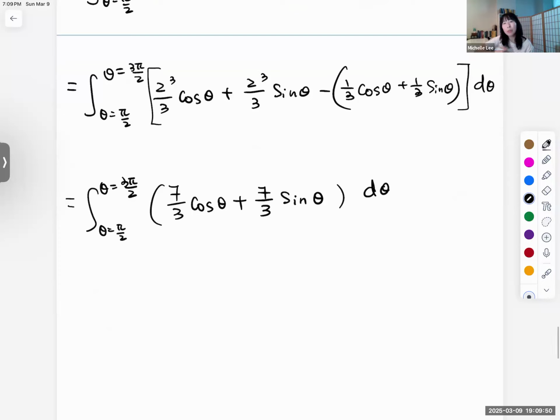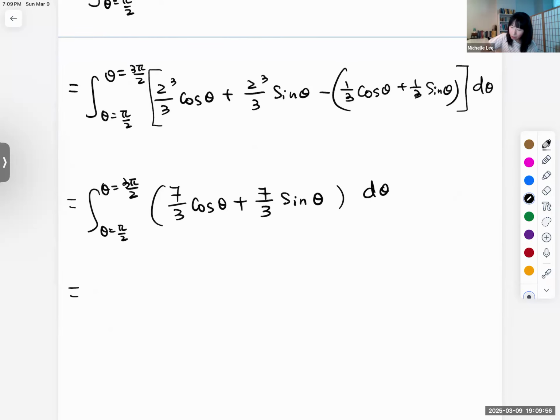Okay. So we want to integrate with respect to theta. So we have the first term 7/3 sine theta, right? Plus the second term, negative cosine theta, right?